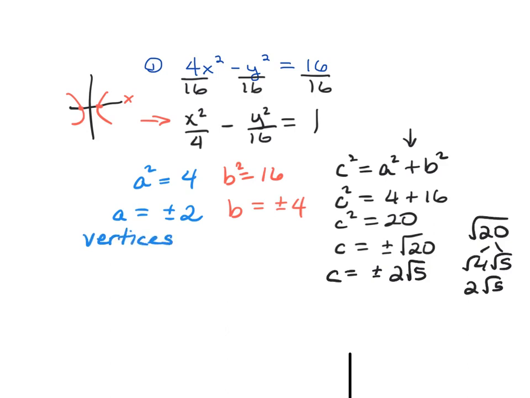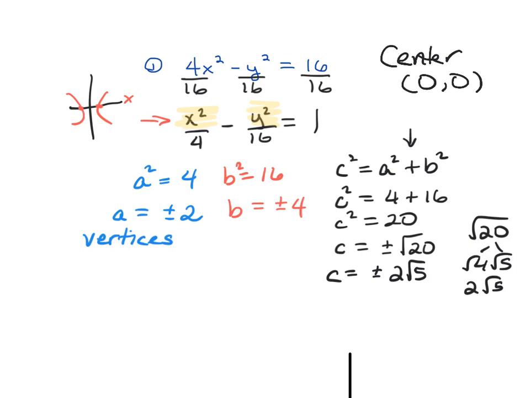Now, one other thing, this standard form that we're working with, since there's nothing being added or subtracted to the numerators here, this tells me that my center is at the origin. It's at 0, 0.